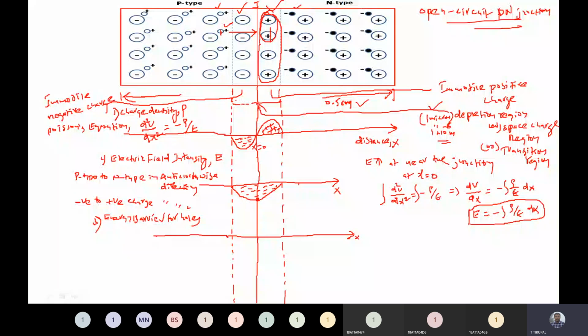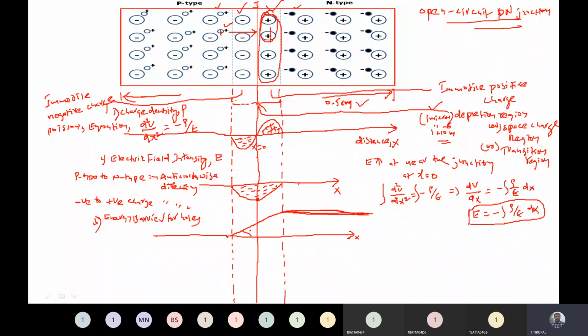Now can you tell me what is the potential energy barrier for these holes? This complete thing that I rounded off is called a barrier, right? So if a hole wants to move from the left side to the right side, it has to overcome this energy barrier. That amount of energy barrier is maximum up to this point, and as it goes like this, it decreases towards this point.